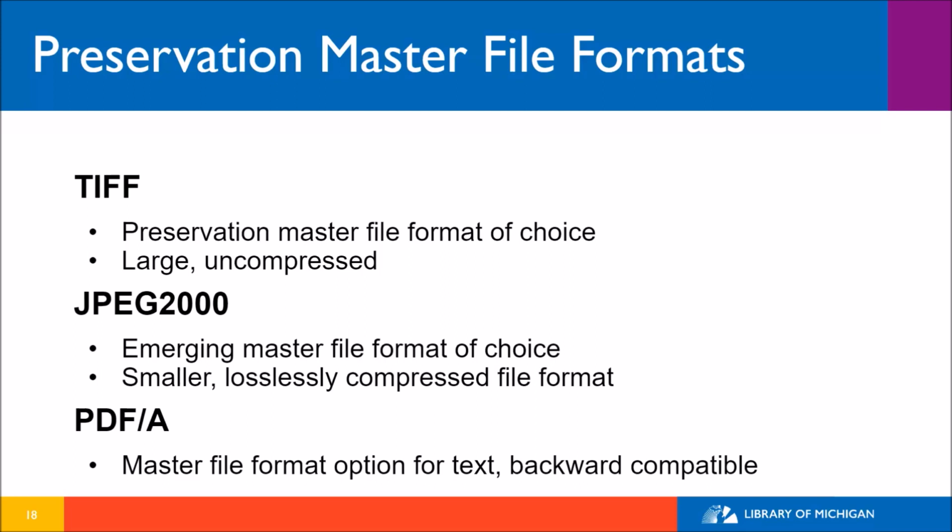It does this by limiting the type of content that can be included in a PDF-A. It doesn't include audiovisual material or any sort of scripting or software, but it is kind of a self-contained environment, and it's a good option if you're looking to save a smaller file of textual material.